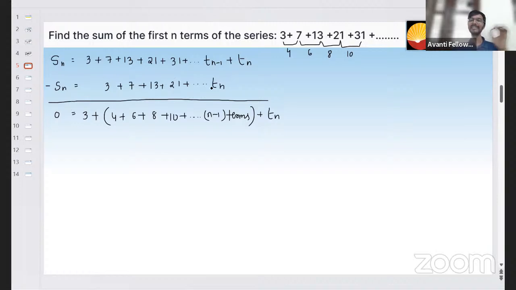So the remaining terms are n minus 1 terms. I think I made some mistake. No, no, it's fine. So this is an AP with first term as 4 and common difference as 2. So I can write it as, oh, this will be minus Tn, right?